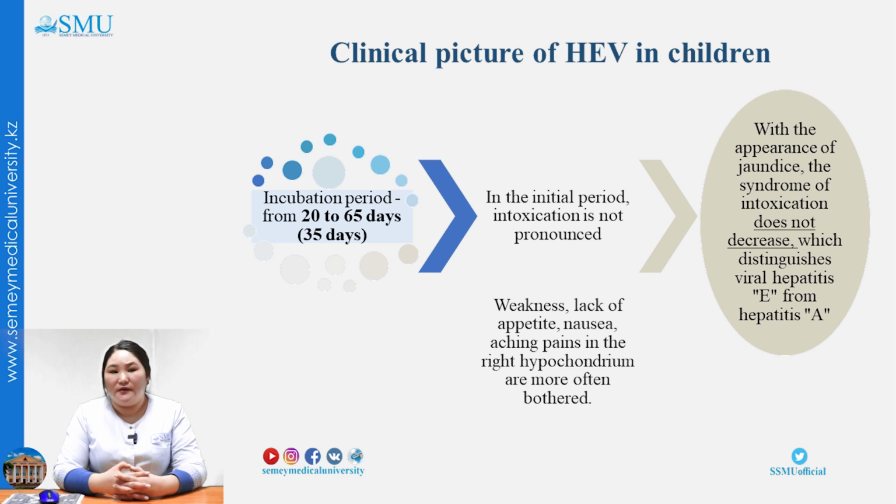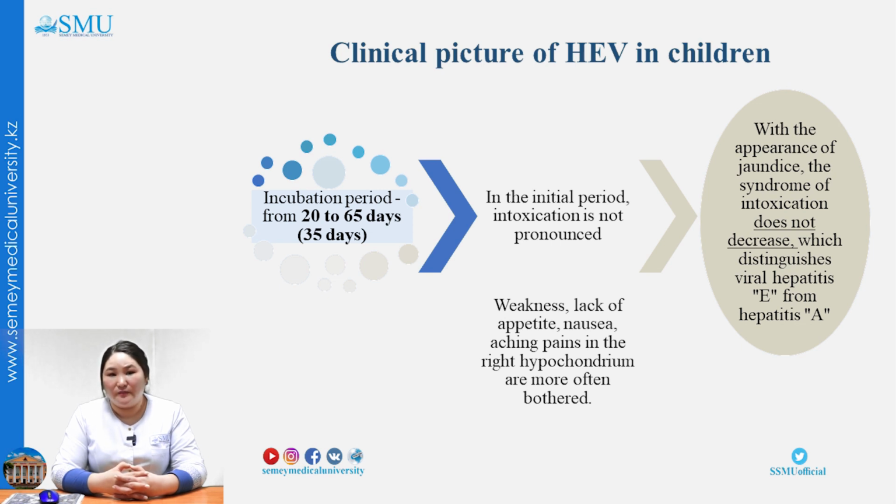On average it is 35 days, and in the incubation period there are no symptoms, no signs. The pre-jaundice period is like HAV infection, and the jaundice period will be like HAV infection, but with the appearance of jaundice, the intoxication does not improve.